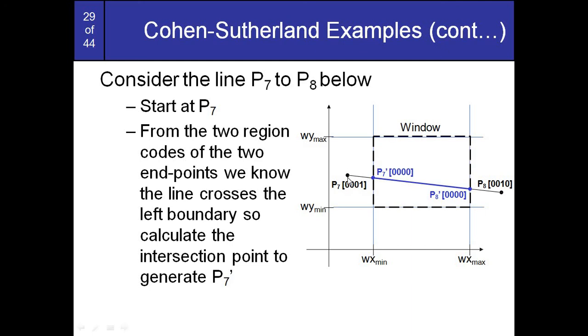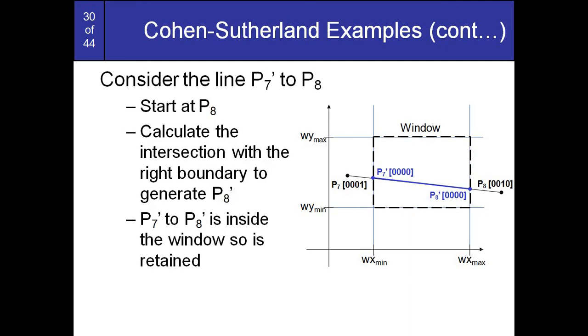Since this is the point which was outside the window, from this we need to generate the intersection point, that is P7 dash, and from P8 also we need to generate the intersection point, that is P8 dash. Then from the values of P7 dash and P8 dash we can come to the conclusion that this part of the segment is completely inside the window.